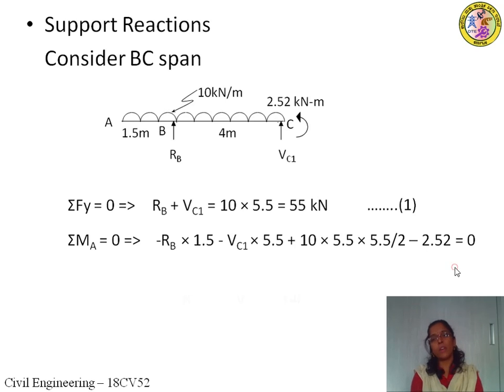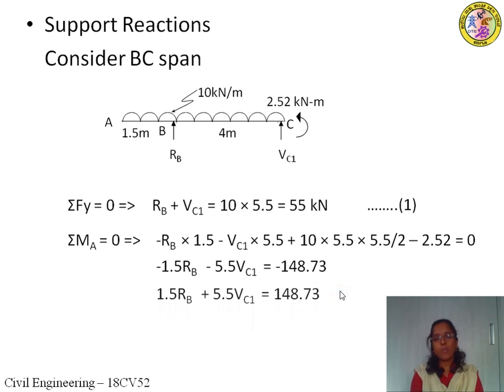Equate it to 0. If you simplify this, it will be minus 1.5 Rb minus 5.5 Vc1 equal to minus 148.73. If you rearrange it, it will be 1.5 Rb plus 5.5 Vc1 equal to 148.73. Let us take this as equation 2.